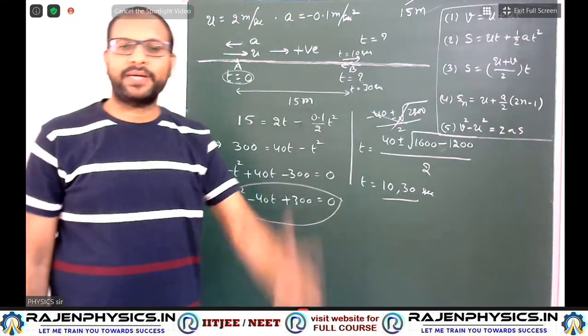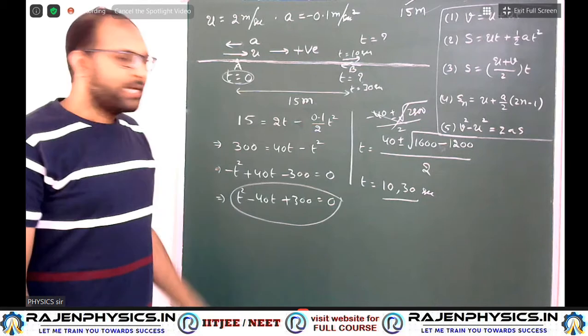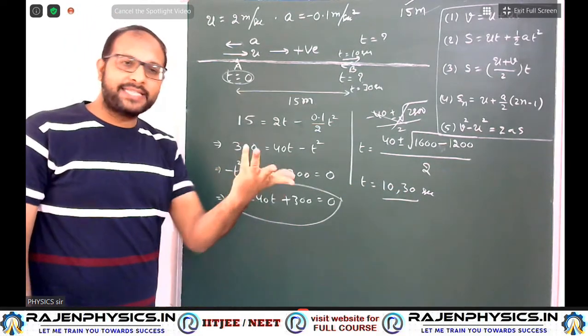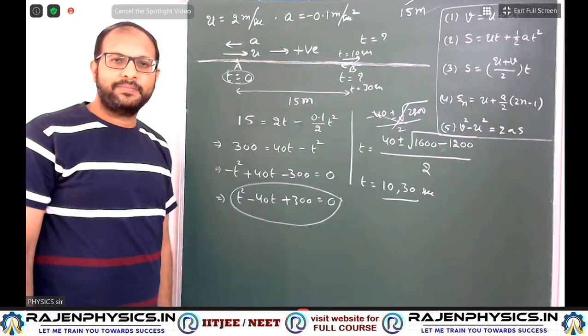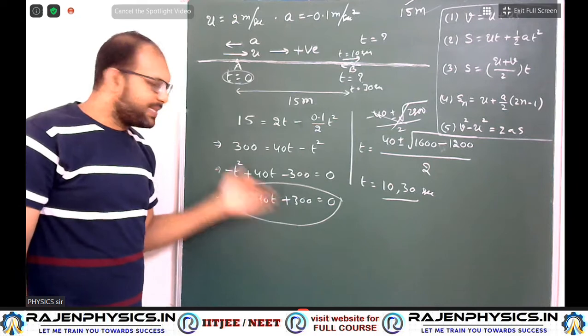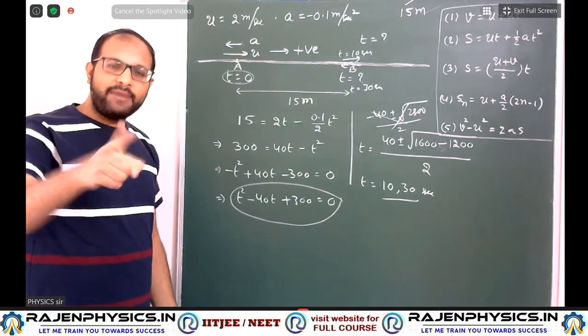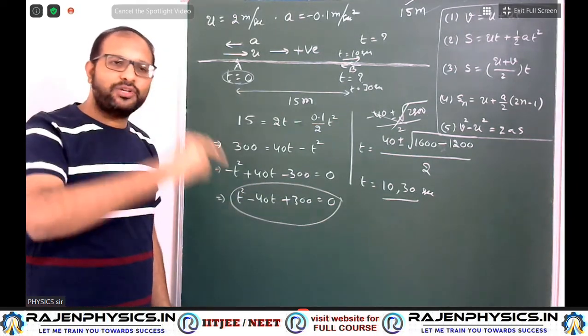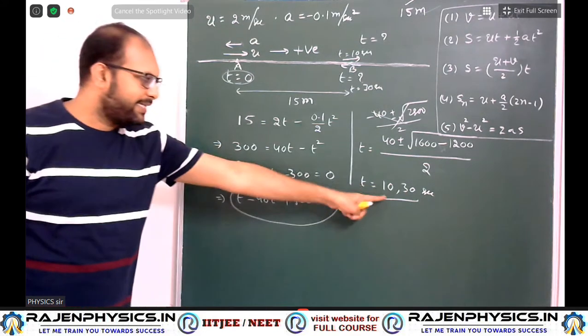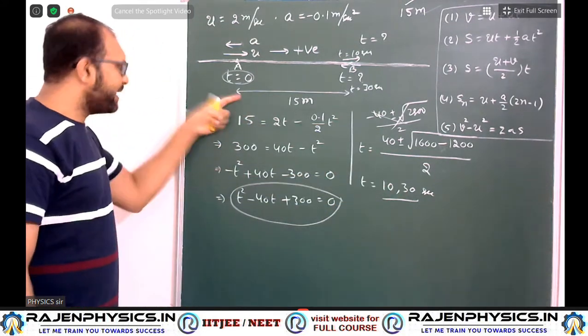That's why only one positive time. If you take plus 15, 10 and 30 you got, both acceptable because both are positive times. If you take minus, after solving this equation, one negative time, one positive time you will get, but negative is not acceptable, only positive. So total 3 times, already 10, 30, and after taking minus, one more time.